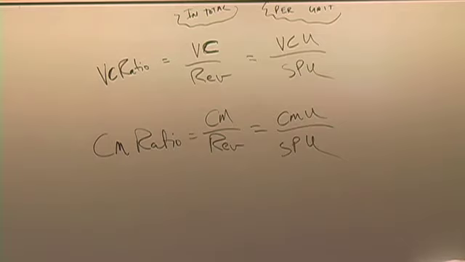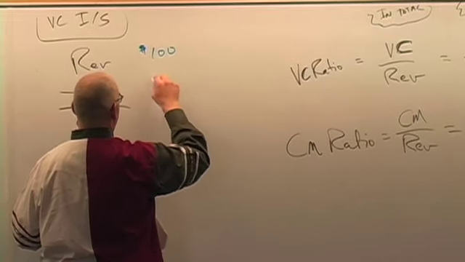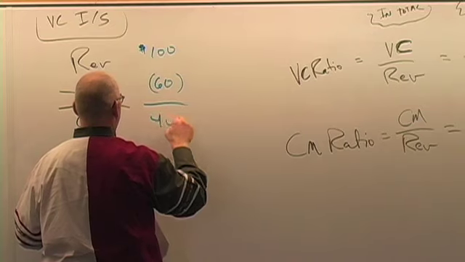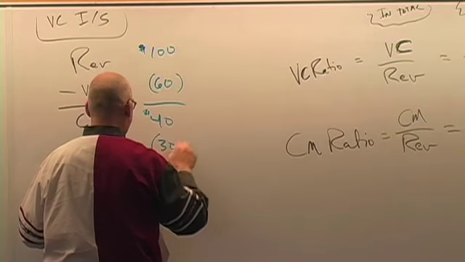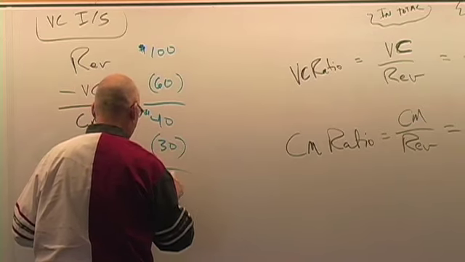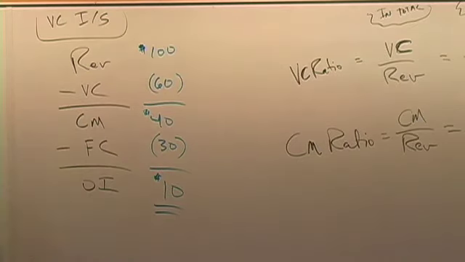Okay. Now, let me make up some numbers. And I make up the same numbers every semester for some reason. What's the variable cost ratio using those numbers?